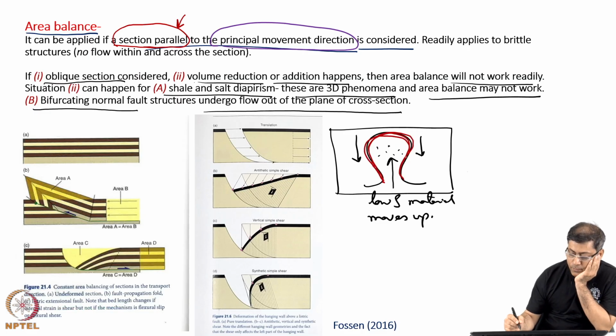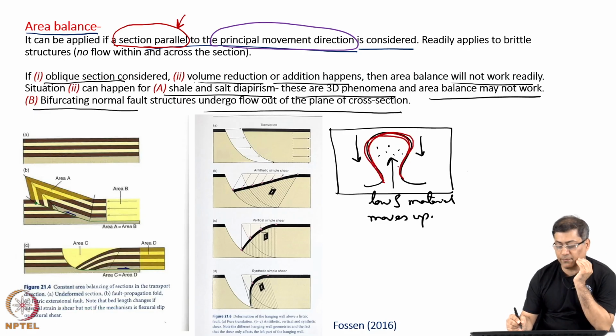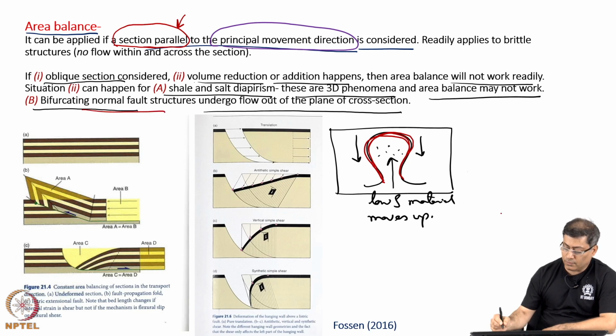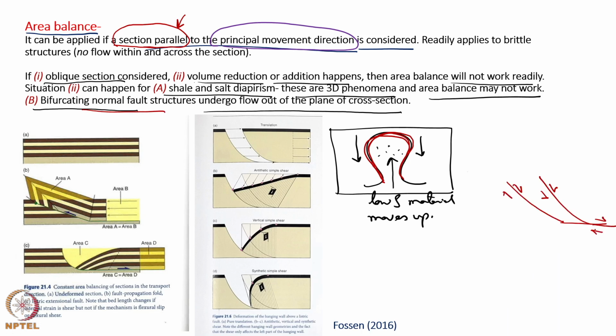Therefore, the volume balance or area balance from this curve will become problematic. In case of bifurcating normal faults such as this, if we are watching this cross section, not all flow happens within the cross section, there can be flow at an angle to the plane where I have drawn the diagram. So, these cases are to be avoided in straightway volume balance or the area balance.